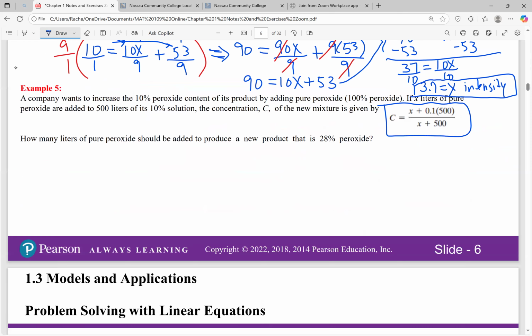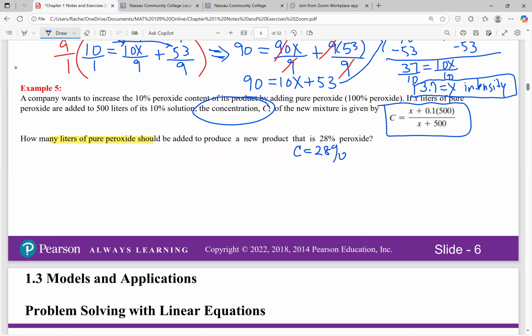So the question is, how many liters of pure peroxide should be added to produce a new product that is 28% peroxide? So remember, C is the concentration level. So we're basically being told, okay, if C is equal to 28% concentration level, how many liters of pure peroxide should be added to produce this new percentage?